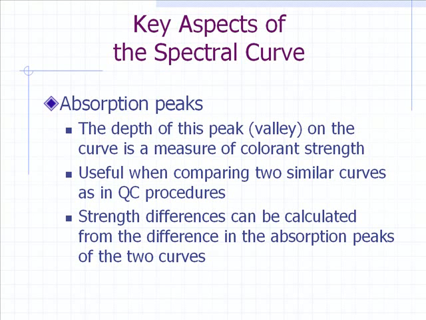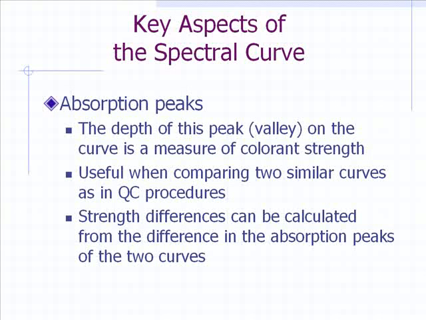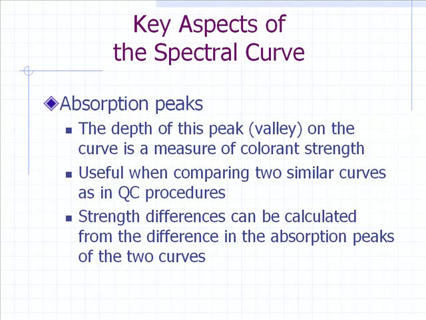Useful when comparing two similar curves, as in QC procedures. If we have a standard and a sample, we can see how far off they are and where they're off. Strength differences can be calculated from the difference in the absorption peaks. So we could have another curve like this. Later in the course, I'll show you how you can calculate, using those curves, what the strength difference is between those two particular colorants.